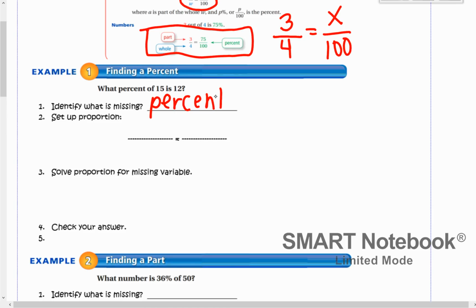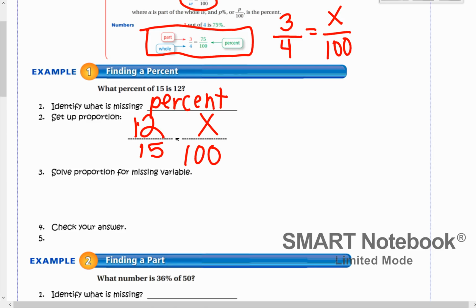We don't know what percent it is, which is x over 100. Now we already have our second fraction set up. To set up our first fraction, and this is where it gets tricky, what percent of 15? Of 15 is telling us that 15 is our whole. What percent of 15 is 12? This percent is going to line up with that 12.